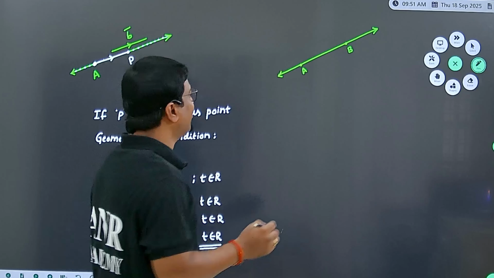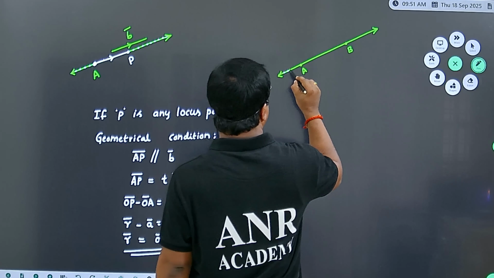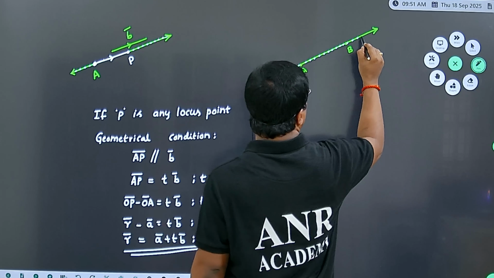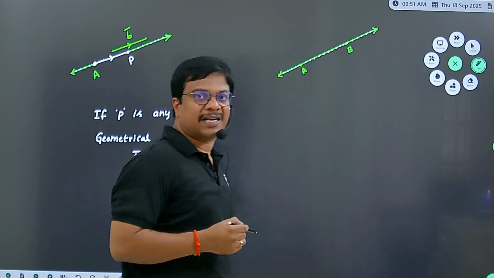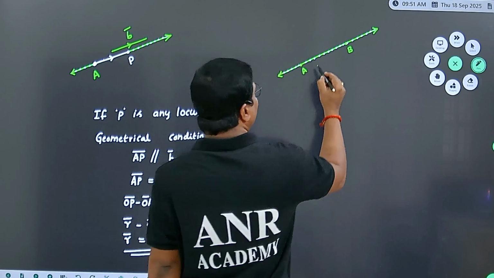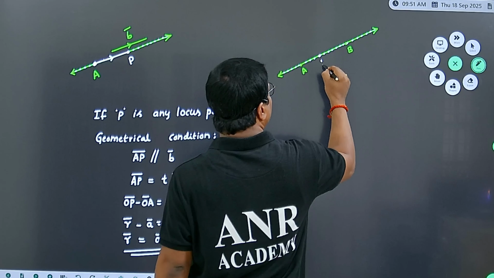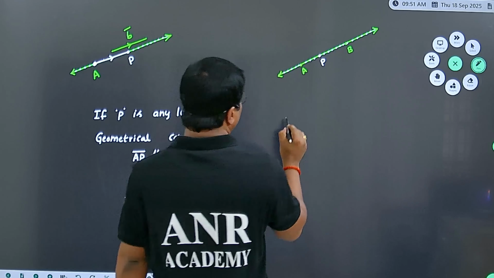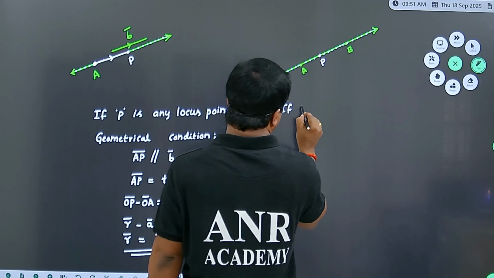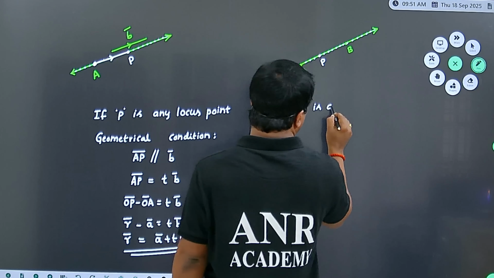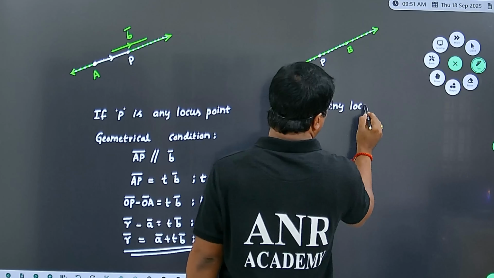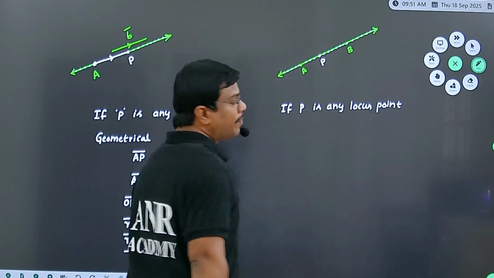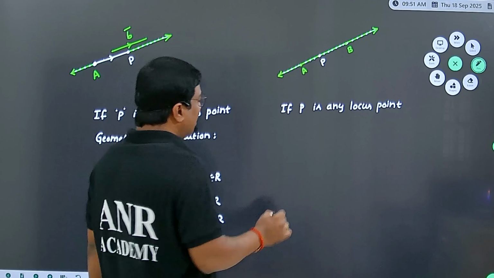Let us see the path of points on the straight line and which condition they are going to satisfy. These are the path of points on required straight line. Somewhere I am going to select locus point P. Yes, I am going to write if P is any locus point, then what is geometrical condition? Observe.